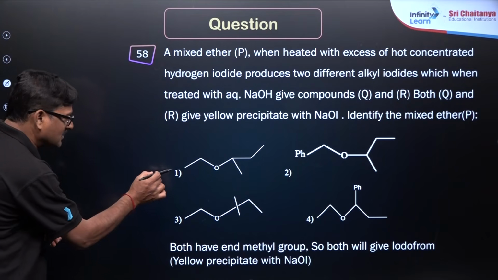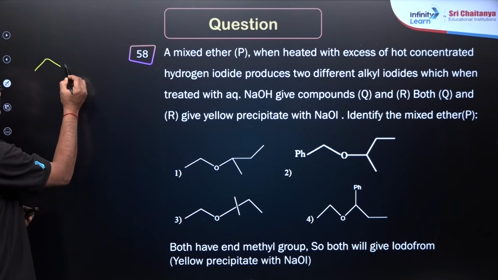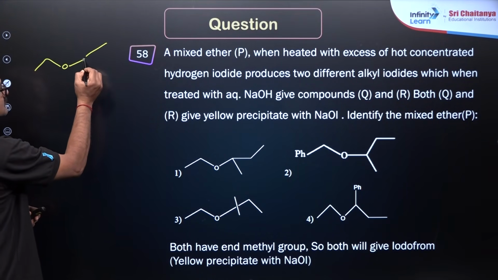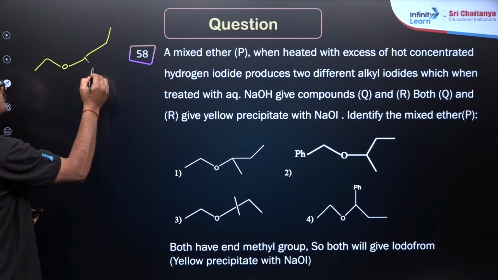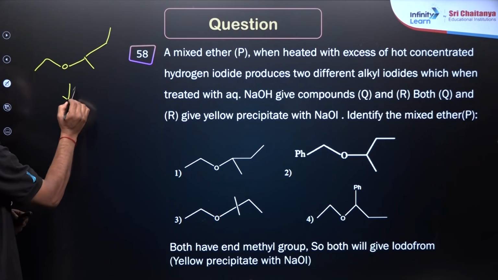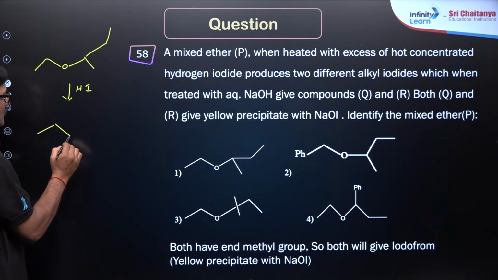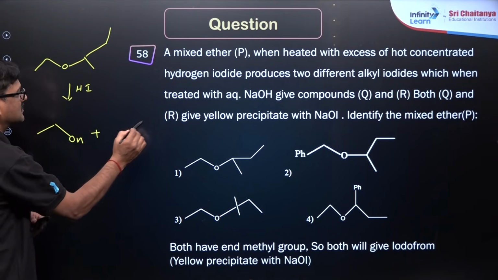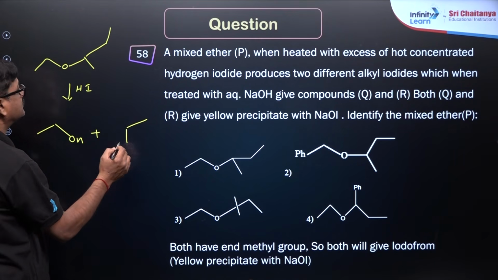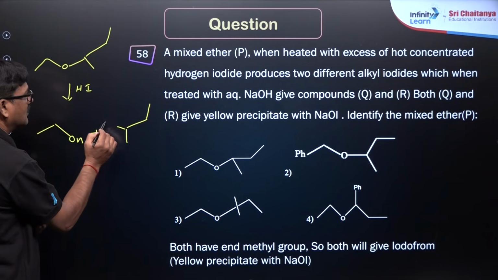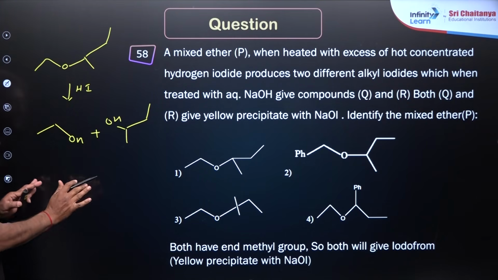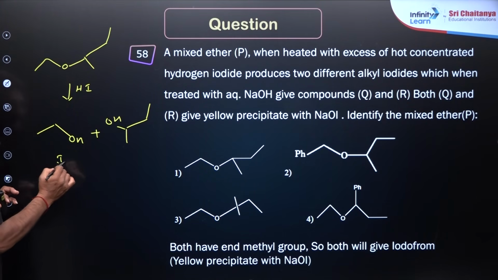If you consider this, when it is treated with hydrogen iodide, it is going to give you OH. So both the compounds can give iodoform.